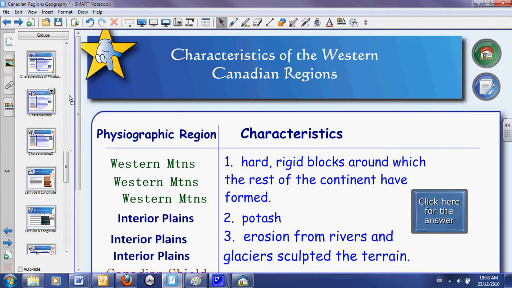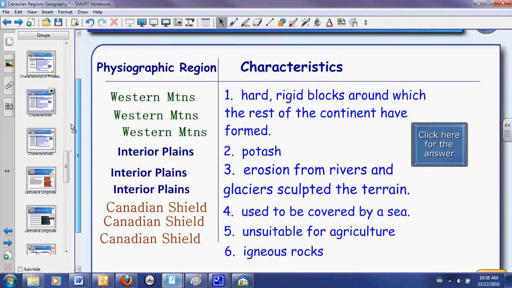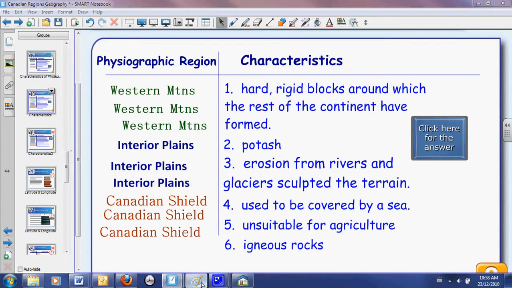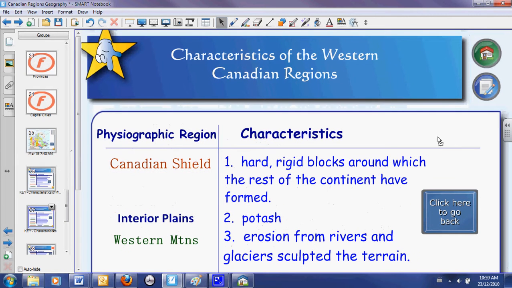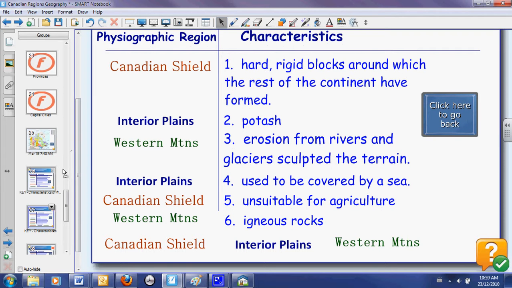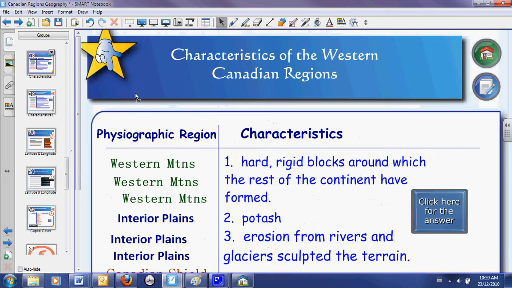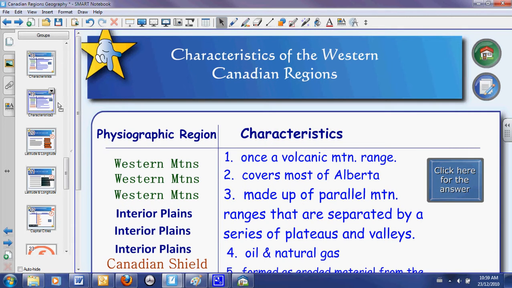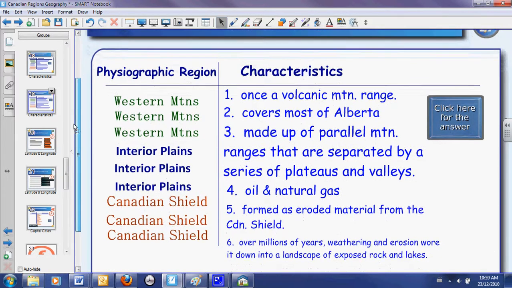This slide does the same thing, except different characteristics this time. And the last one, same idea.